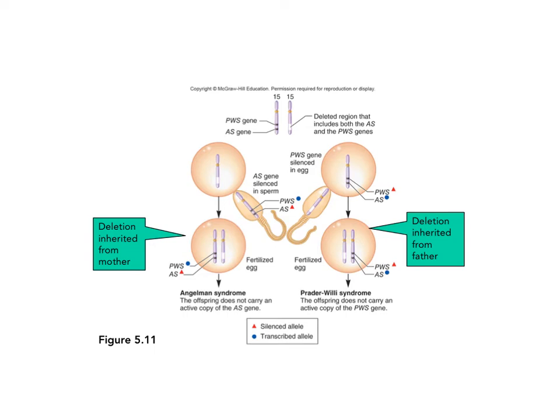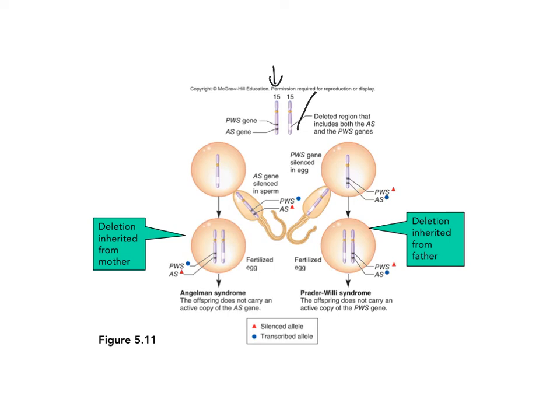Notice in this diagram, we've got our deleted region here that includes both the AS and PWS genes. So on this chromosome, that's the only one that actually can produce either of these products, or actually has the two functioning genes.